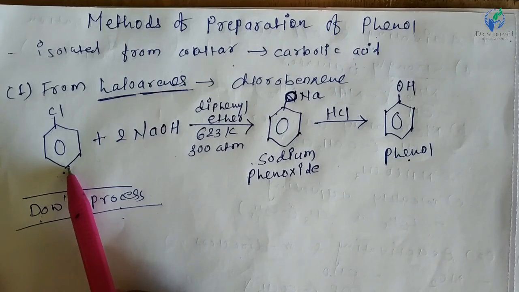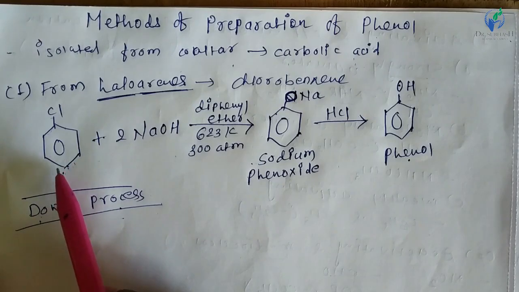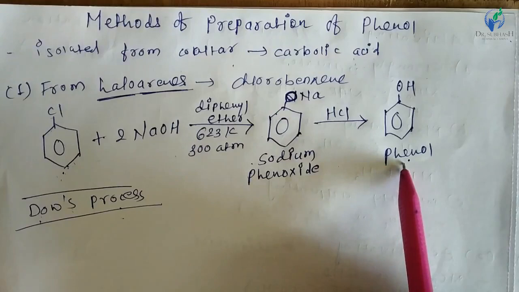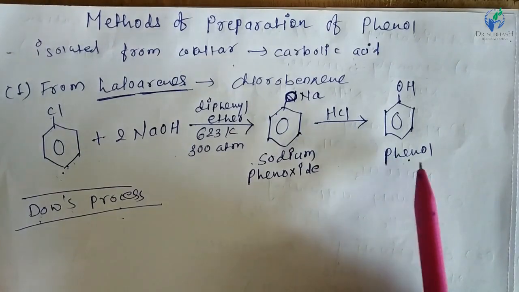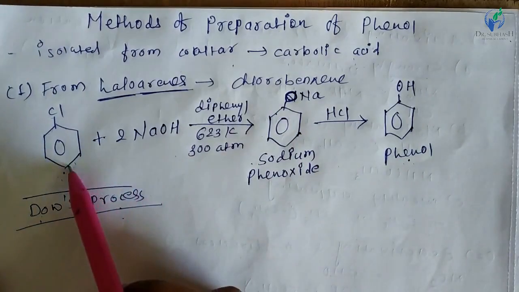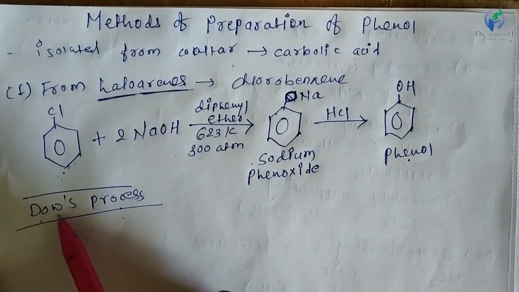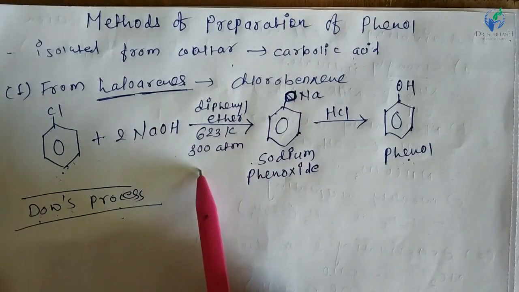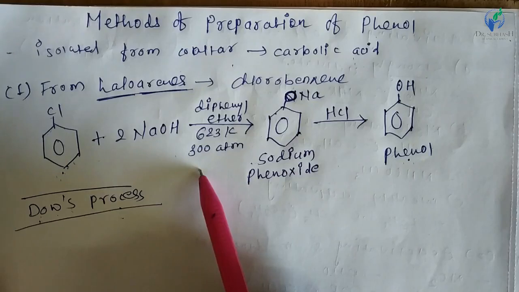So when you do the chlorination of benzene, benzene is converted into chlorobenzene, and then from chlorobenzene by using the Dow process it is converted into phenol, right? So this type of reaction is useful in solving different chemical reaction conversions.